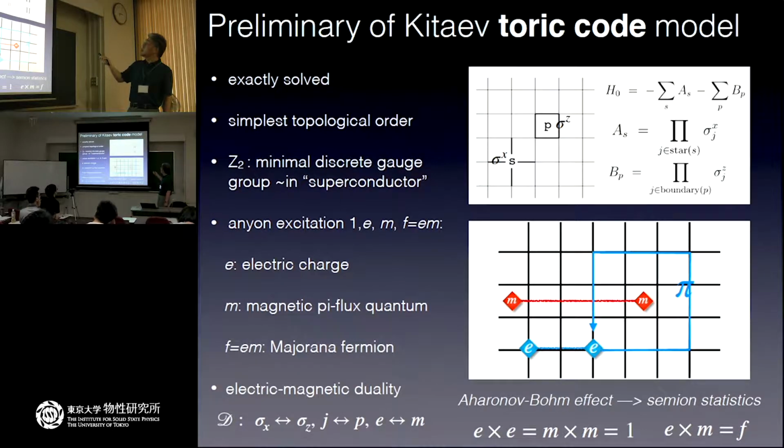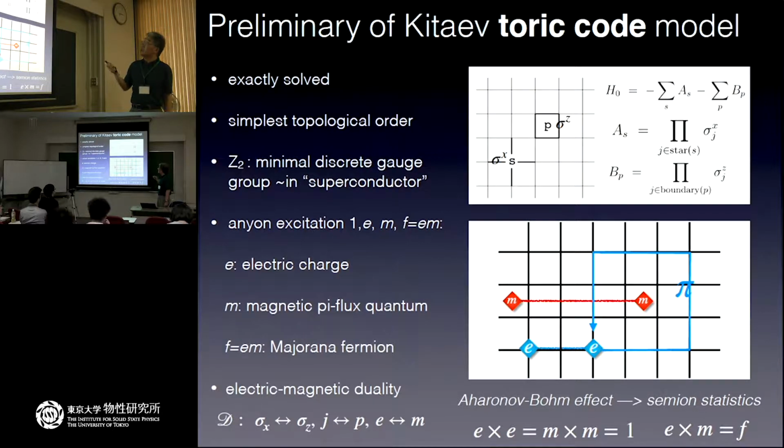The second term is the B_p operator, which is a plaquette operator. The reason why this model is exactly solvable is that every term in the Hamiltonian commutes with each other. So you can easily see that this is an exactly solvable model and also the simplest model to show the Z2 spin liquid, the Z2 topological phase.